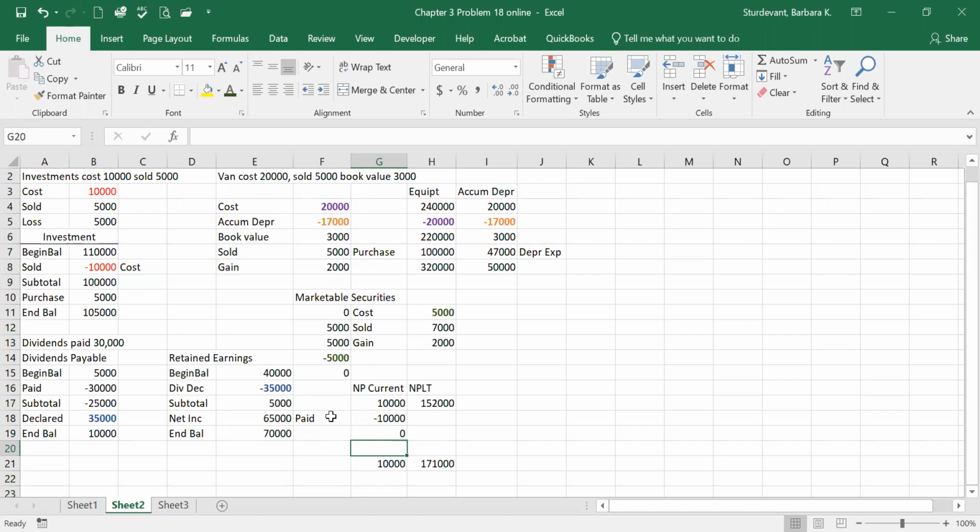We had at least one, I think 2 adjusting entries where we did this at the end of the year. We looked at our long-term notes and said, okay, what's due next year? And we moved it out of long-term and put it into current. That's exactly what we're doing here. So this ending balance is going to come out of here.